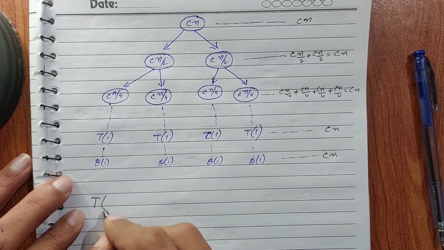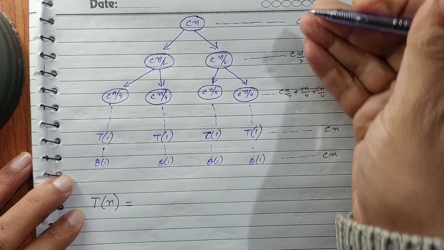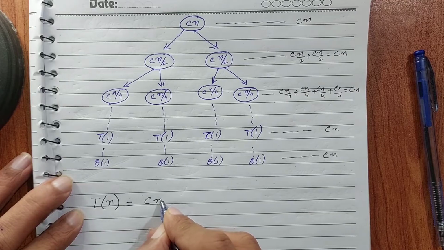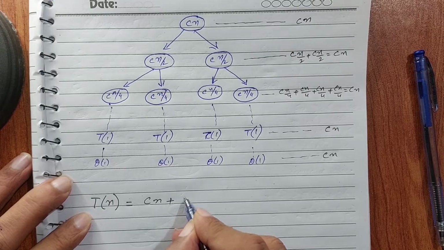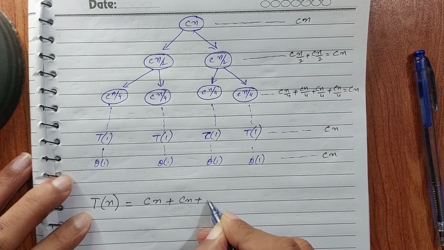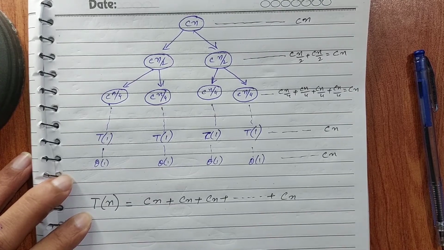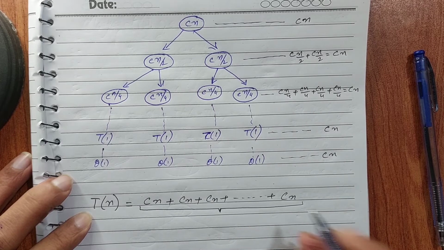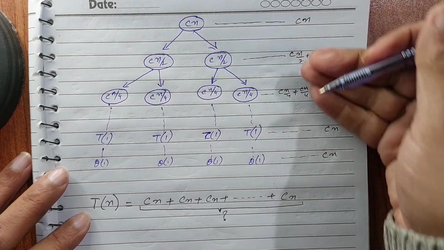So if we add all these time complexities, we get our overall time complexity, T of n, as cn plus cn plus cn and so on up to cn. The major question is how many cn's are there? The obvious answer is the number of levels.